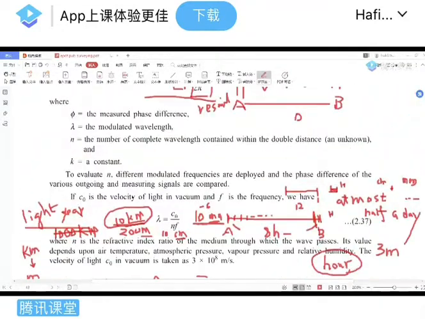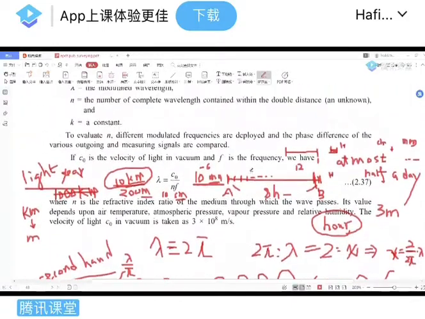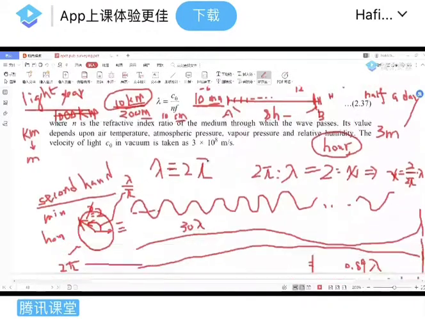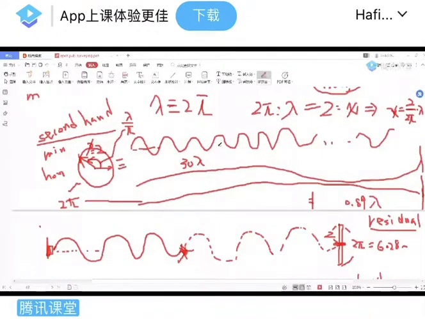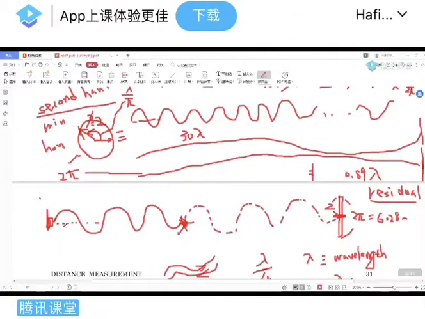Instead of using a timer to catch the time, you use wavelengths. Here you use different wavelengths, and this to some degree depends on the wavelengths you can send out.